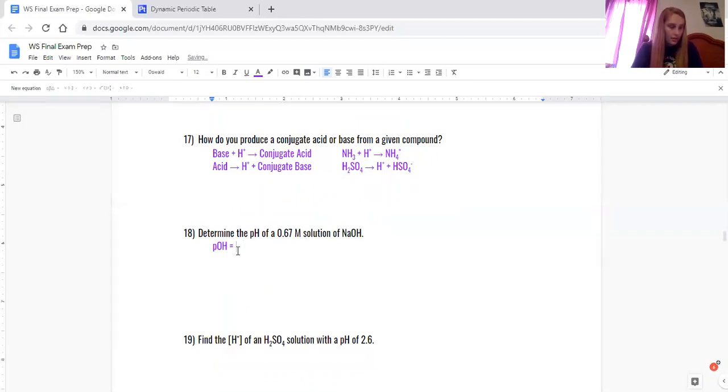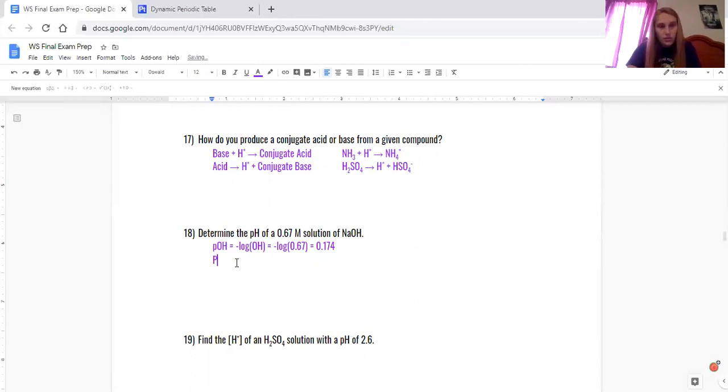We can find that by doing the negative log of OH minus. You write OH for the sake of time. That's going to equal the negative log of 0.67, which is going to equal 0.174. And so now we have our pOH.